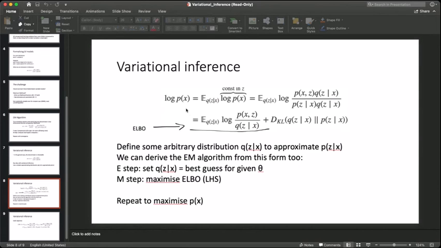But we also care about generation. So besides inference, we also care about generation, which is p of x. If we have a good model of p of x, we can generate, because that just involves sampling from p of x.